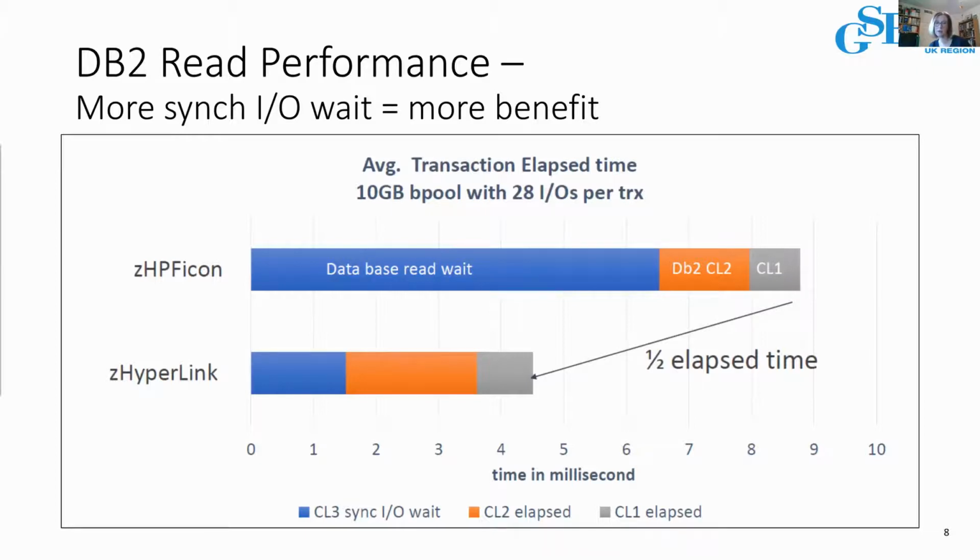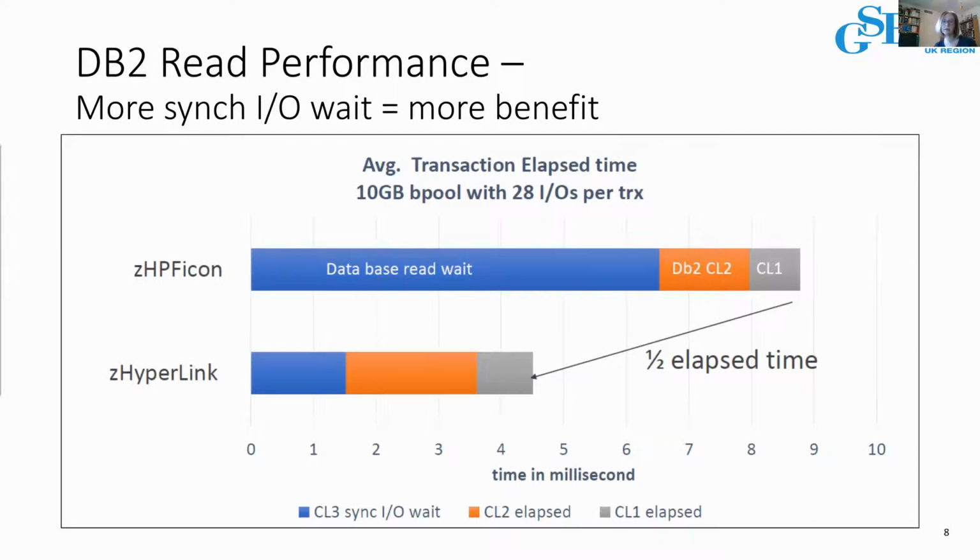CL2 is your time in the DB2 address space, and that's also going to include the part that's in blue, which is your CL3, the sync IO suspension time, all the locks and latches and suspension time, async read suspensions, those sorts of things.